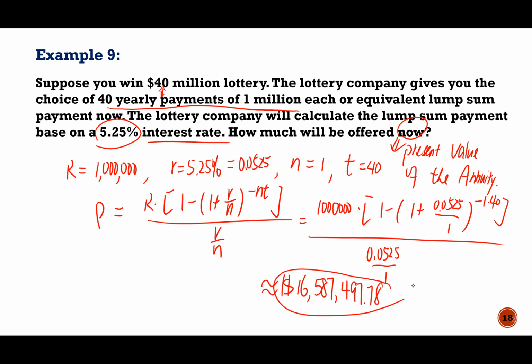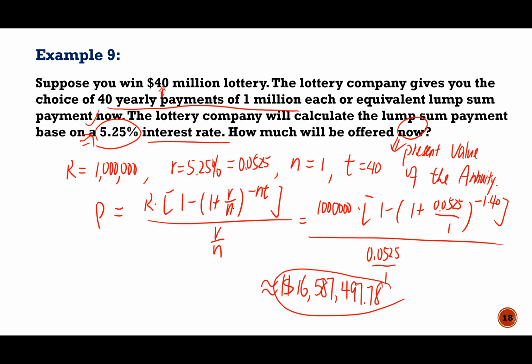And also another concern is, you see, the lottery company is using 5.25% to calculate this, to discount these regular payments. What if you can find a good brokerage firm or investment company? They can do better than this rate.